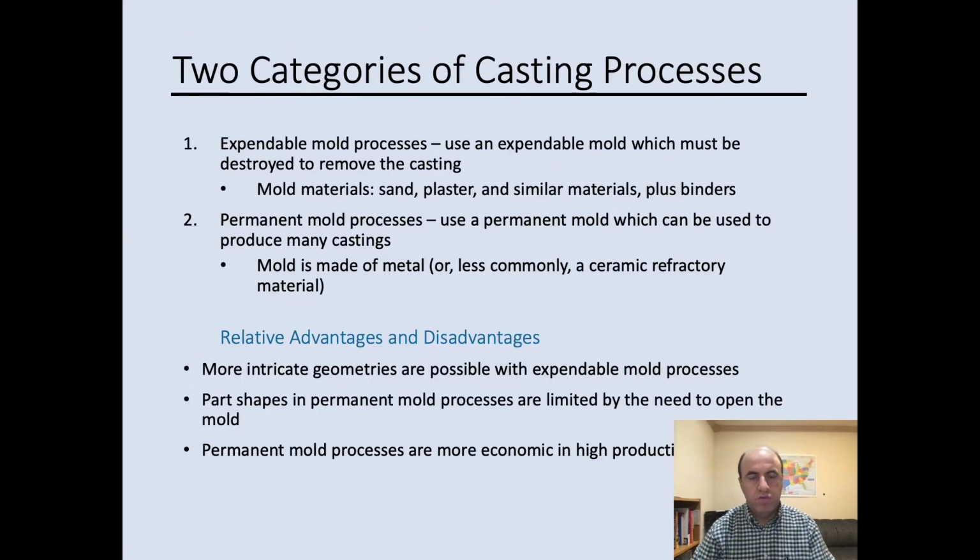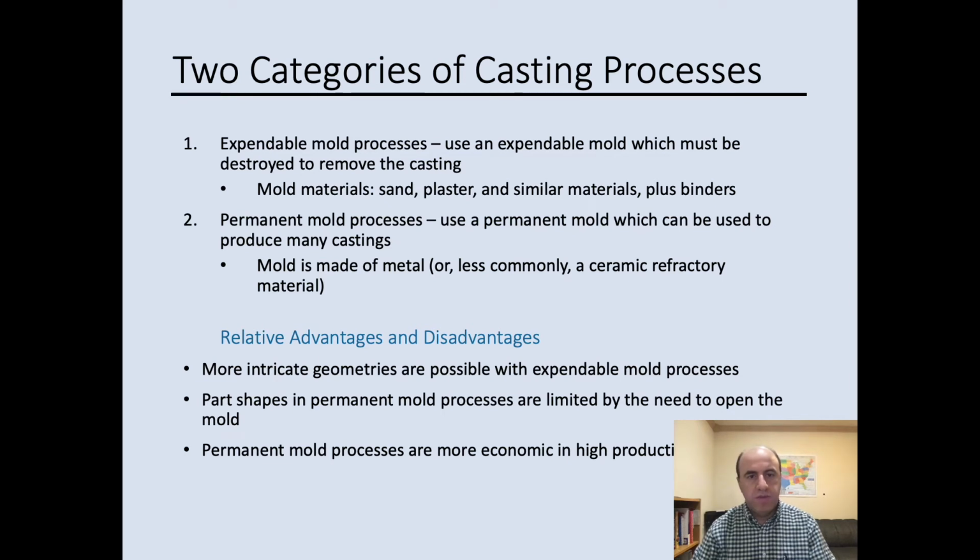We have two categories of casting process. One is called the expendable mold process, where we have an expendable mold, and the mold is going to be destroyed in order to remove the casting or the part. The mold material is sand or plaster, plus binders.